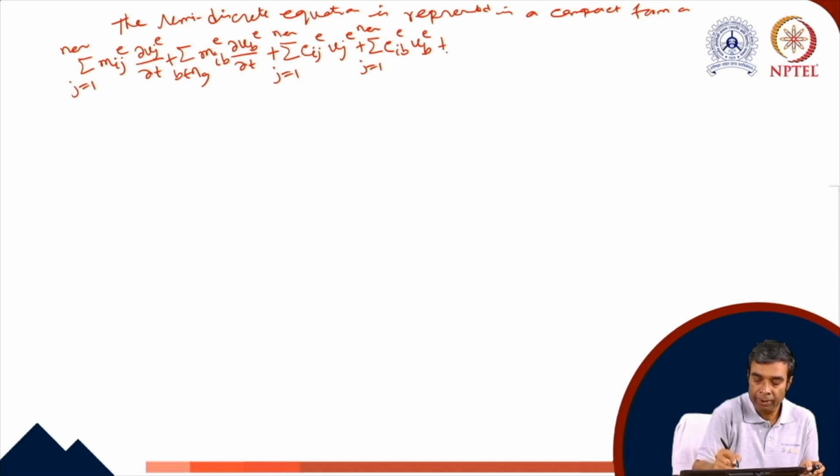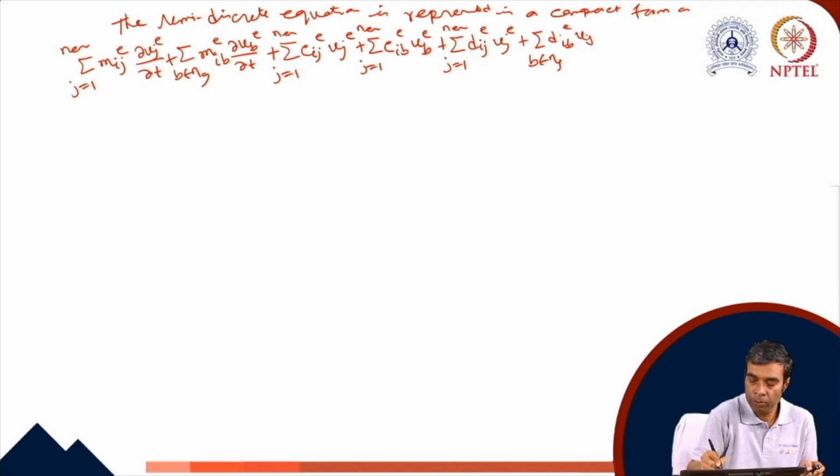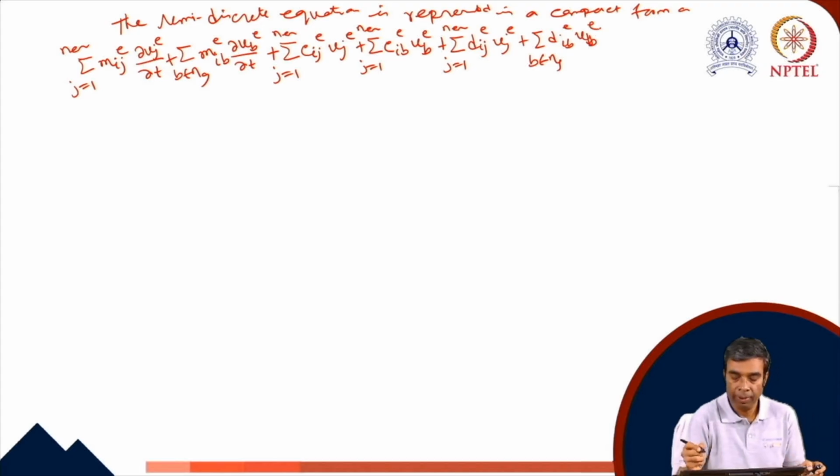Then we shall have the diffusion contribution. This will be summation from j equals to 1 to nen dije uj. Its EBC counterpart is b belongs to eta g summation dibe ube. So these are all the left hand side terms.